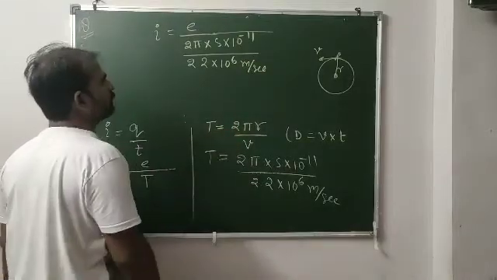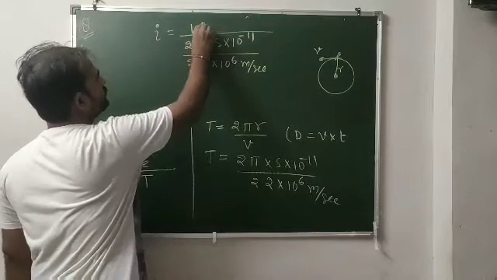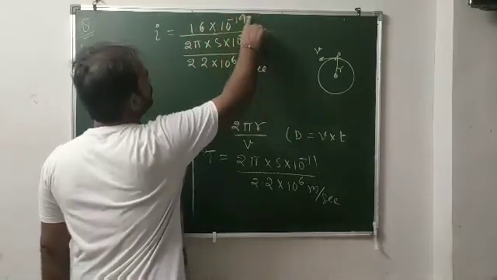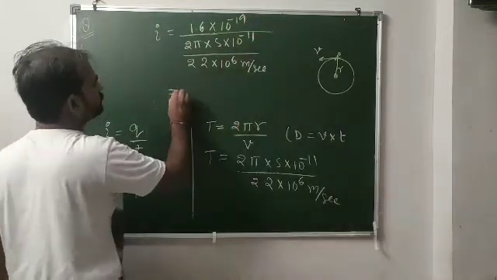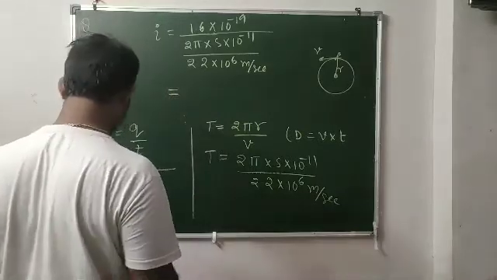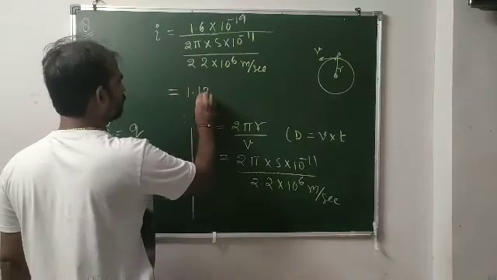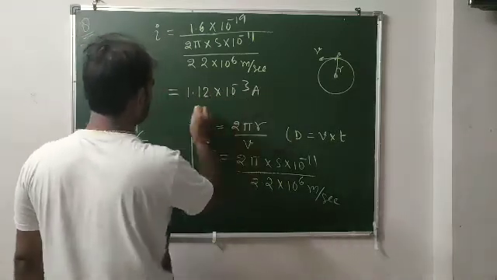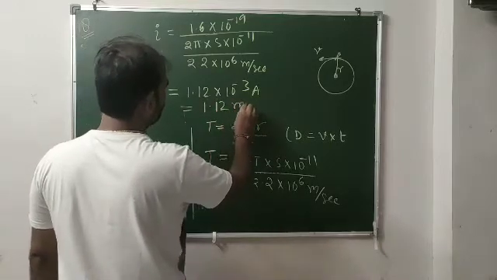Students, now in place of e you may write 1.6 into 10 to the power minus 19 coulomb, the value of e. So on solving this, simply you will get 1.12 into 10 to the power minus 3 ampere, or 1.12 milliampere.